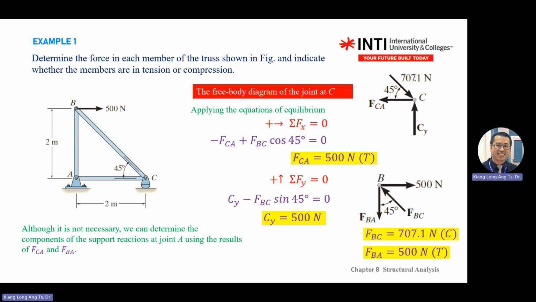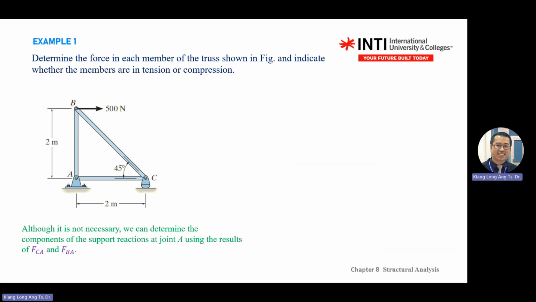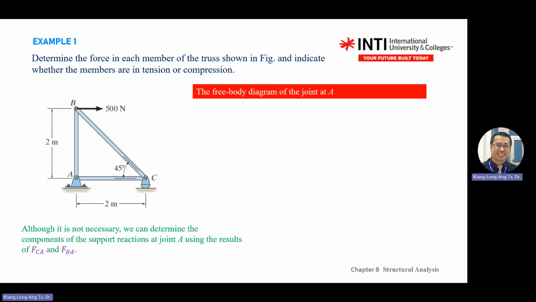So then you solve C, you can find A, right? So at A, you have forces pointing to the right, FCA 500, FBA 500, and then there's AY, AX.